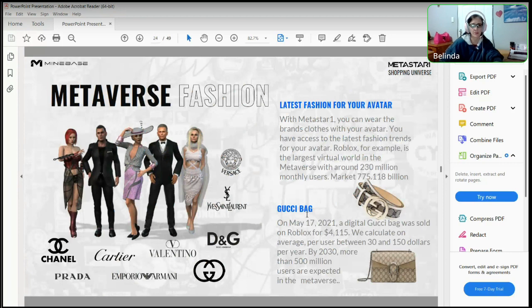Over here you're going to have Gucci bags and everything as well. So you can do your bags, your watches, your hats, everything like that. You can literally dress your avatar, your digital self, and see what goes with what. Those shoes go with this, the hat doesn't suit it, and so on. I'm very excited about it. I don't know about you guys.